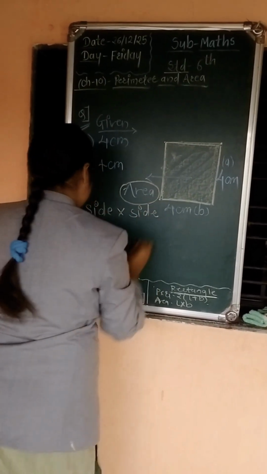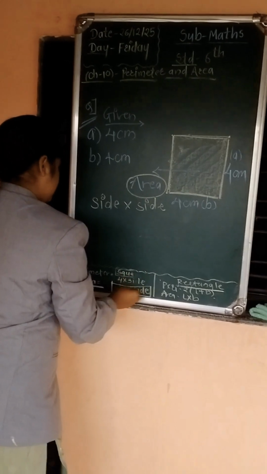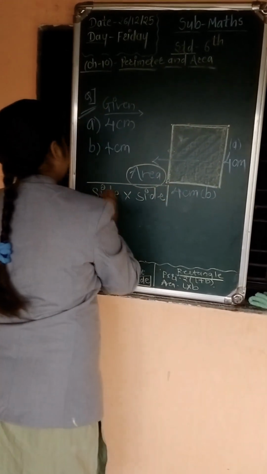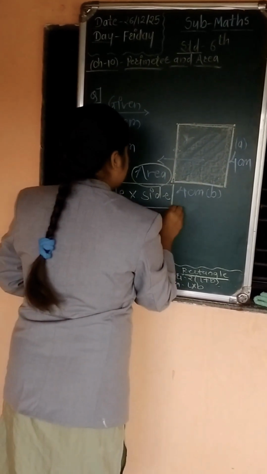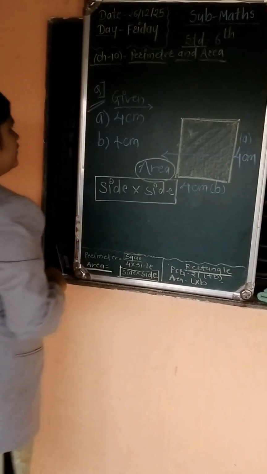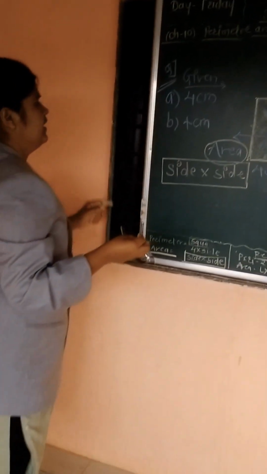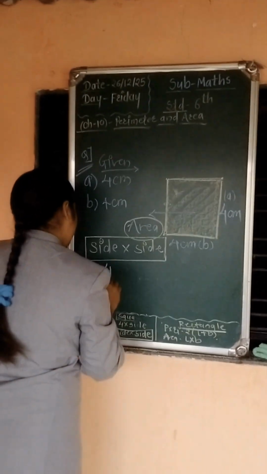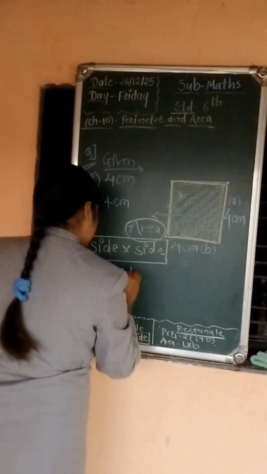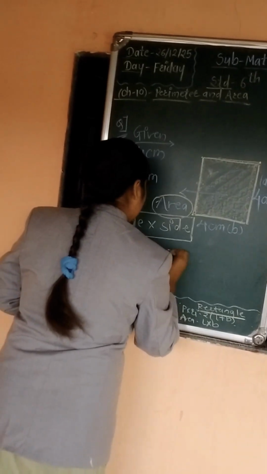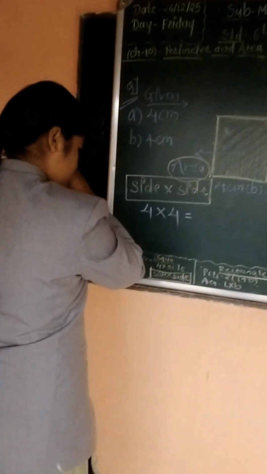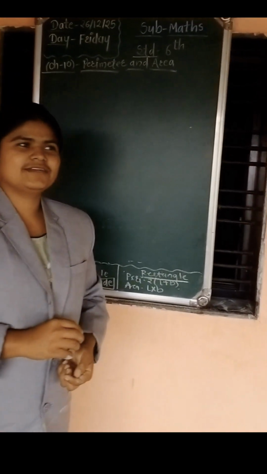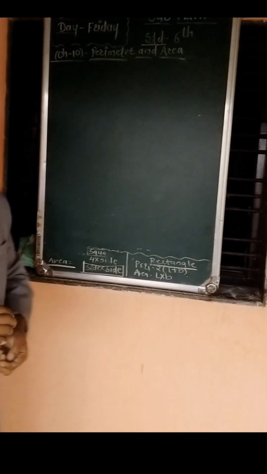Please check that the area of the square is side into side. When we put the values in this formula, side A is 4 centimeter and side B is also 4 centimeter. So what do we get?